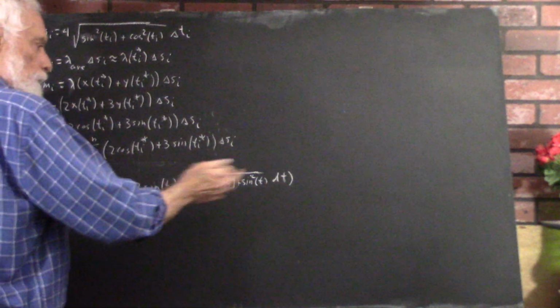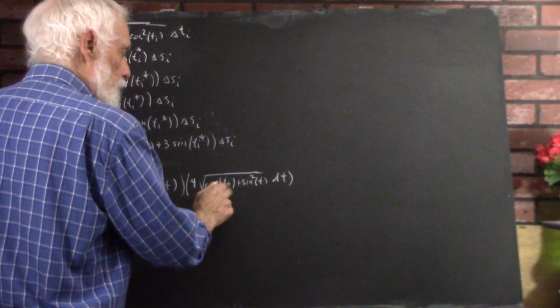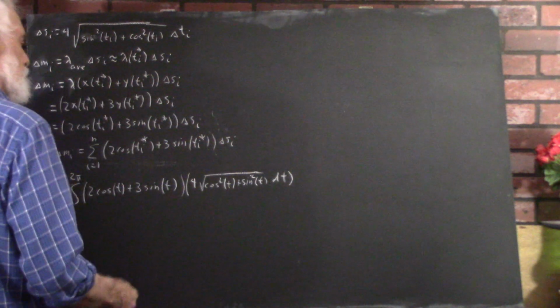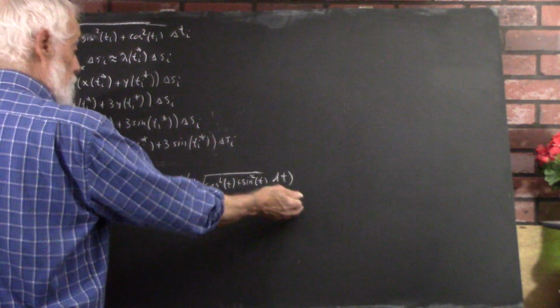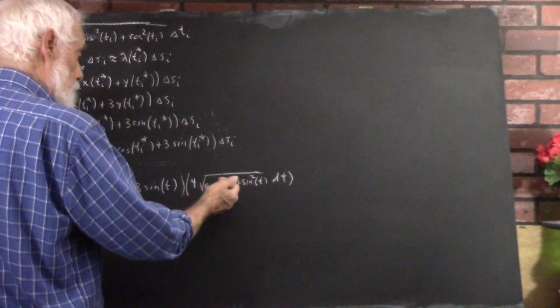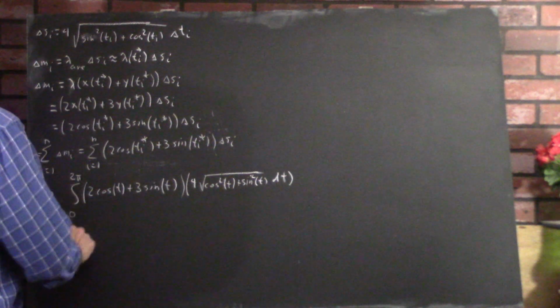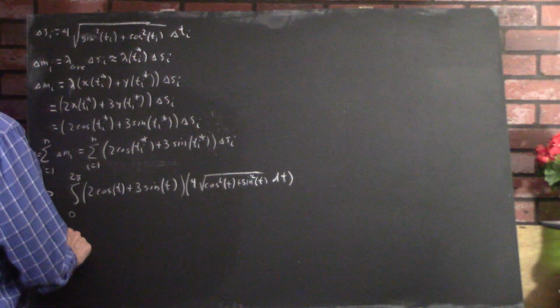Now this is actually a very easy integral because this thing comes out to be just 1. Now this is a lot like an arc length integral. So okay, you can compare that to what you've done for arc length.